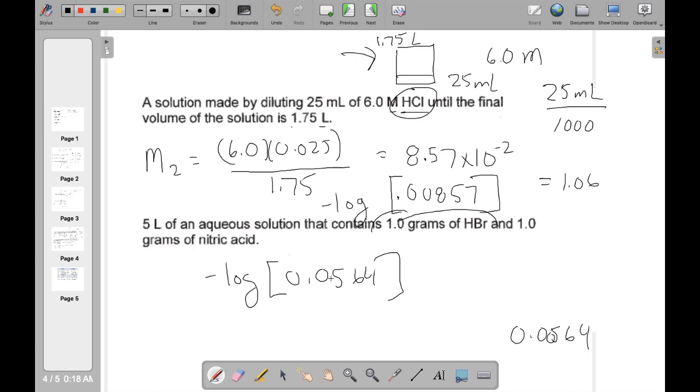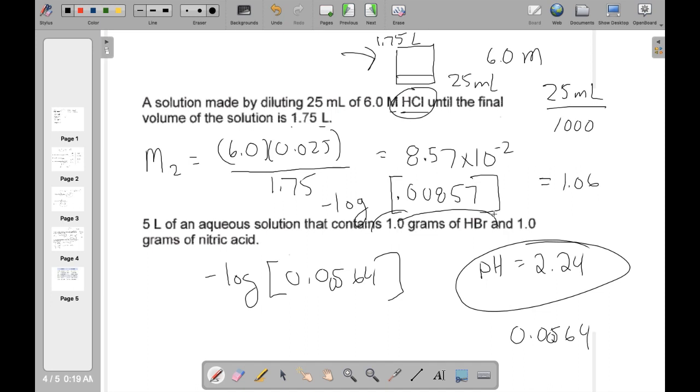I didn't write down my calculation properly. I apologize. So minus the log of 0.00564, and I'm going to get around 2.24. And that makes sense because I have a combination of hydronium ions in here and some decently strong acids.